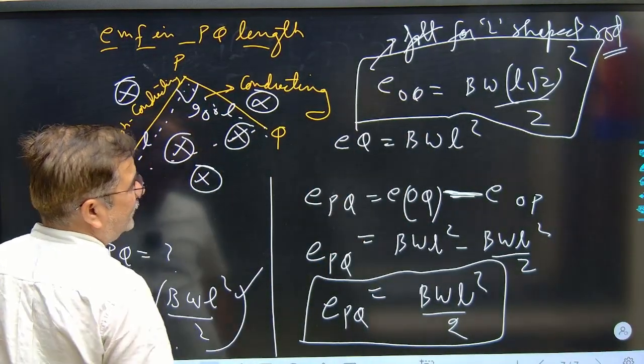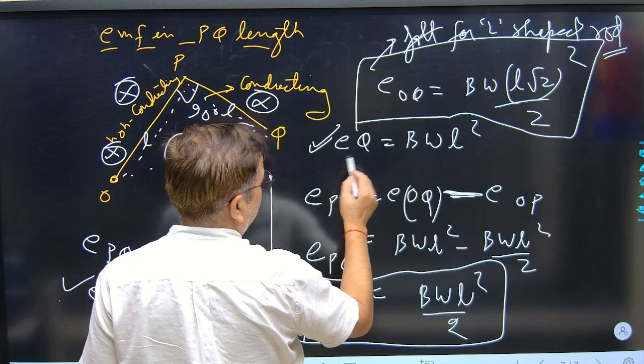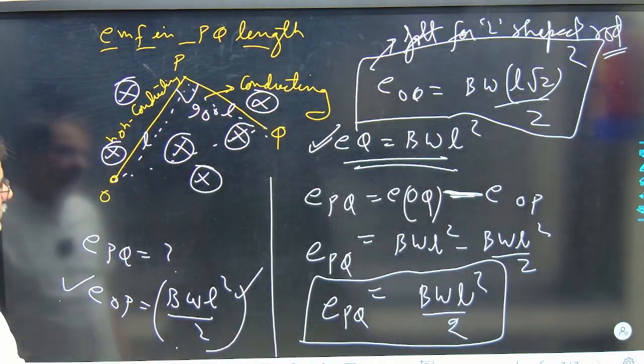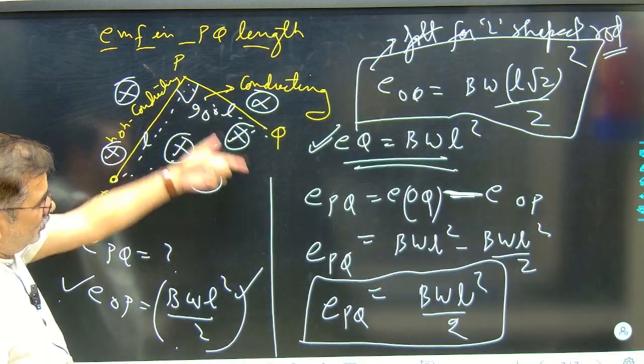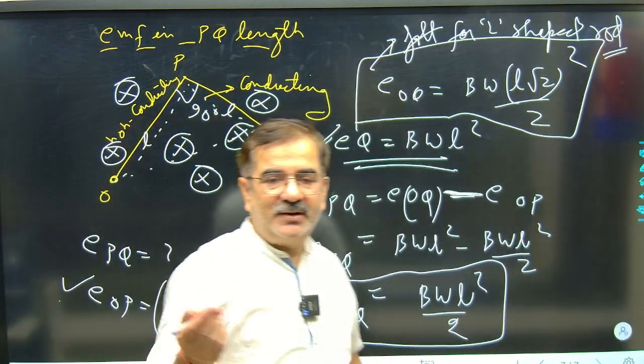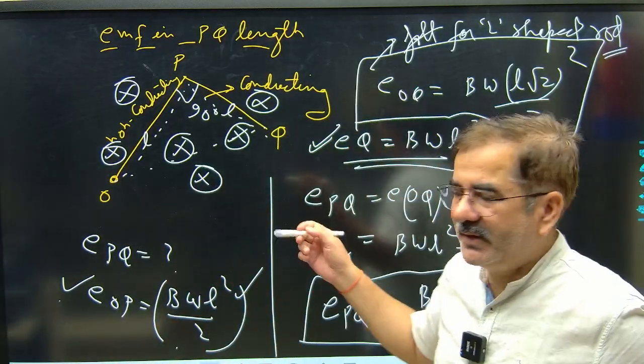Then the EMF would have been this. One part we have also seen, na? For the purely conducting part PQ I also got the result. So this way there is a method for rotating rods and arrangements.